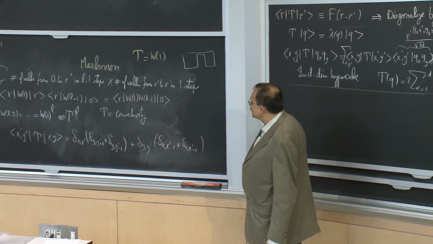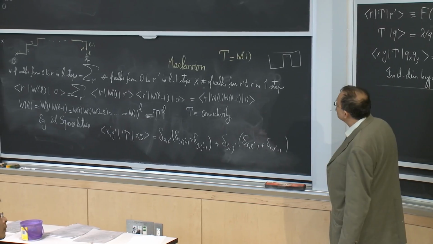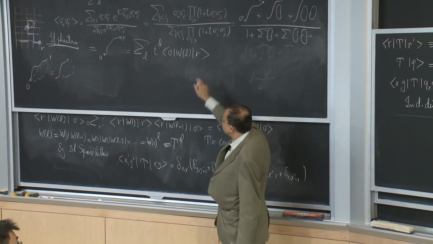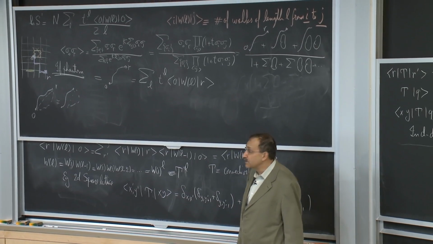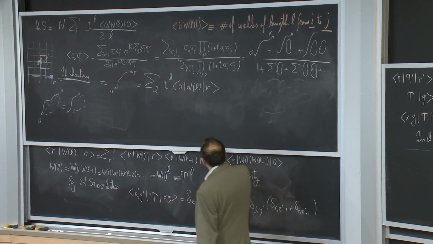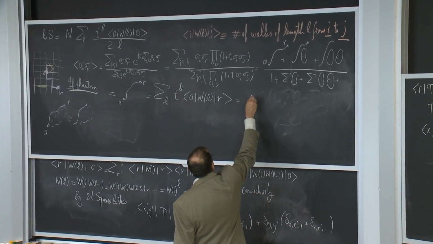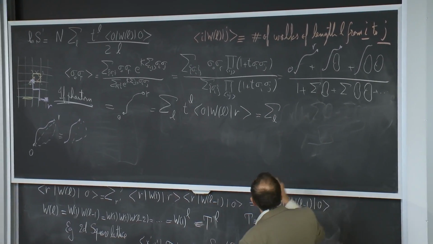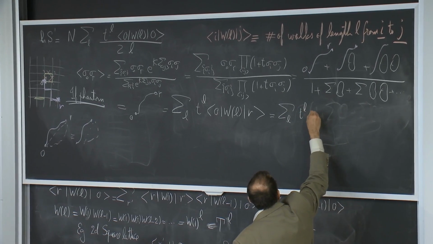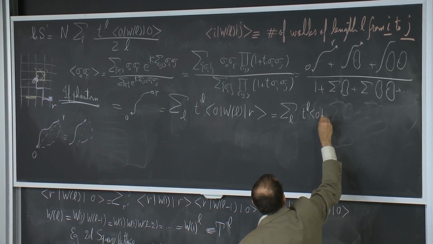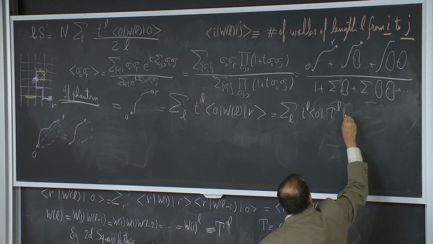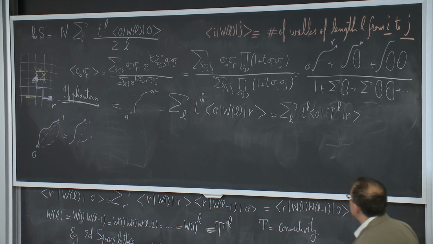So for example, I know that this quantity that I'm interested in, sigma 0 sigma r, is going to be a sum over L of t to the L, then 0 W_L is t to the L times R. Right?